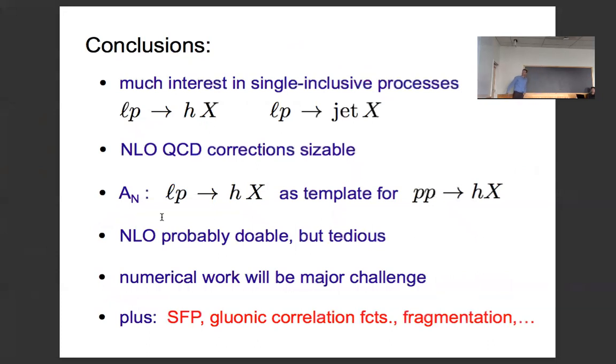I'm not going to go into much detail. I only want to say that I think NLO corrections like this are doable, it seems, but they're really tedious. It's certainly the hardest calculation in this form I've done. And I think the numerical work will still be a major challenge. So even if we manage to cancel all poles and add all the delta functions from the virtual correction, the 2×3 part with the hard pole contribution will be really numerically a big issue.